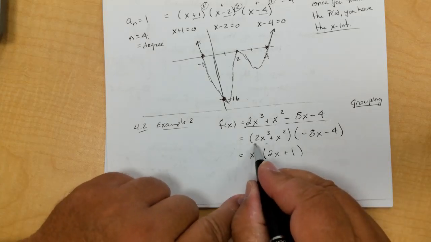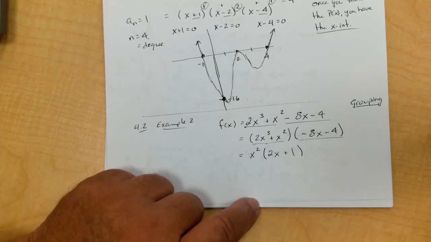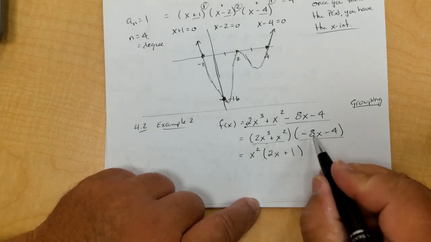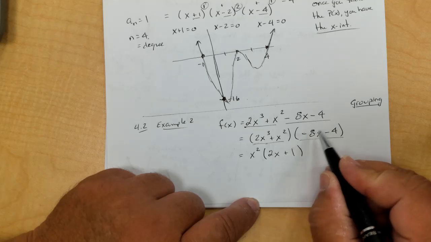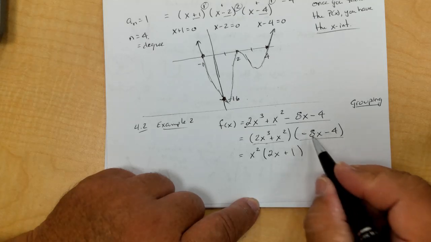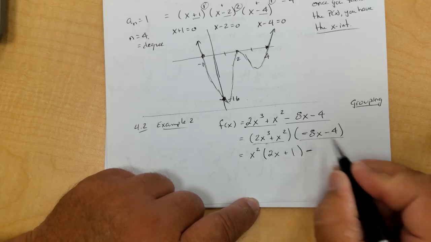That was the first one we looked at. Let's look at the second one. What do they both have in common? Negative 4. They both have a negative, and 4 fits into both of them.